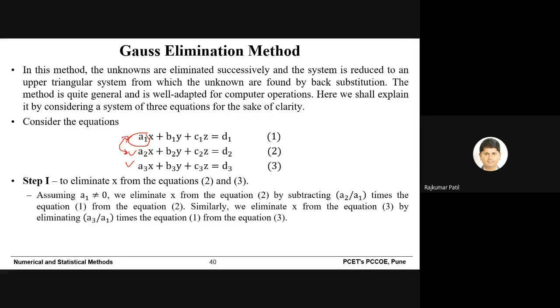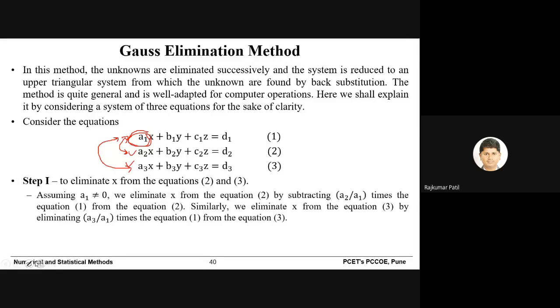So equation 2 will become equation number 1 and 1 will become 2. Or what else you can do? You can make equation number 3 as equation number 1 and equation number 1 as equation number 3. So that a1 will not be 0. So you need to make sure of that.